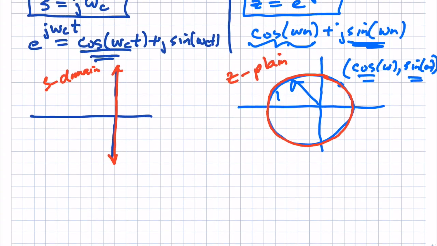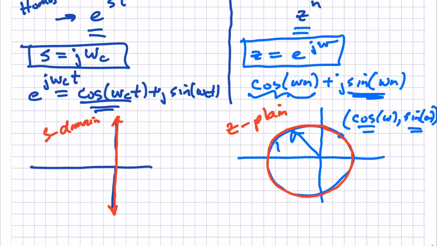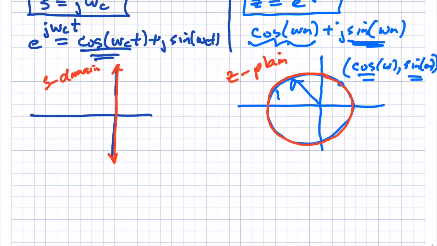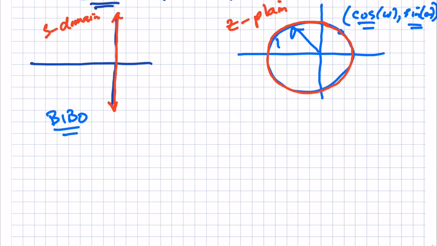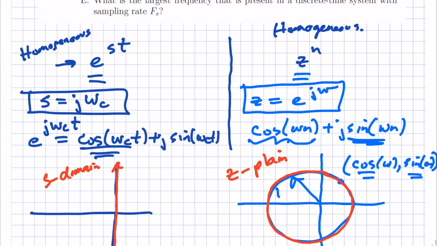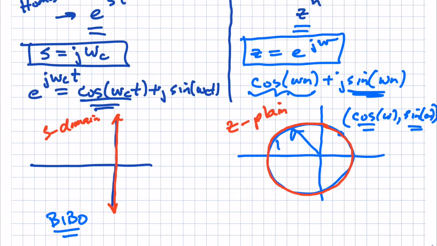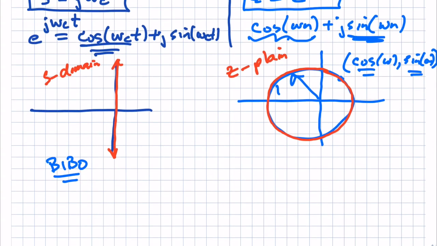All right, so related to that is the issue of stability. We're wondering about BIBO stability. Well, skipping some of the mathematical details, what we need for stability is we need the term e to the st to shrink to 0.